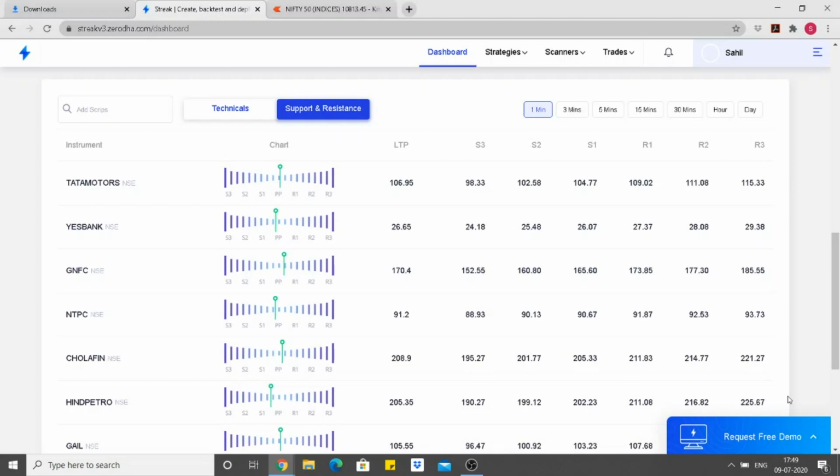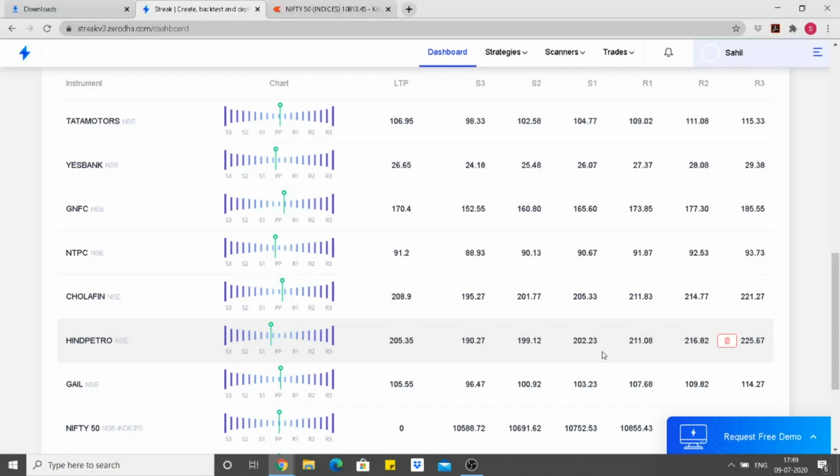First thing in the morning, if you want to see where your favorite stocks are running and which direction the price is going in, instead of charting every stock individually, you can simply come here and have all this information available to you at a glance. You can quickly see where the price is with respect to its pivot point level and then accordingly make your trading decisions.